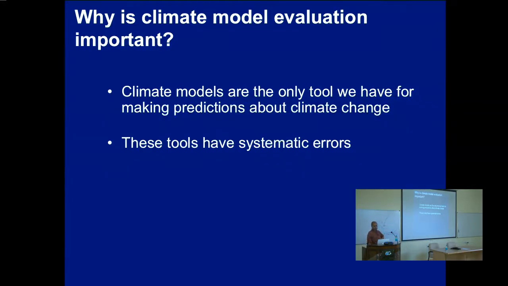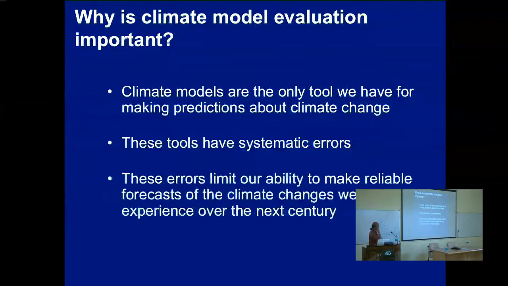So, when you have something that has errors, these errors limit our ability to make reliable forecasts of the climate changes we may experience. Okay? So, if I know that some model works within some parameters, within some range of values, I get good results. But beyond that, I don't know if it's still a valid model.